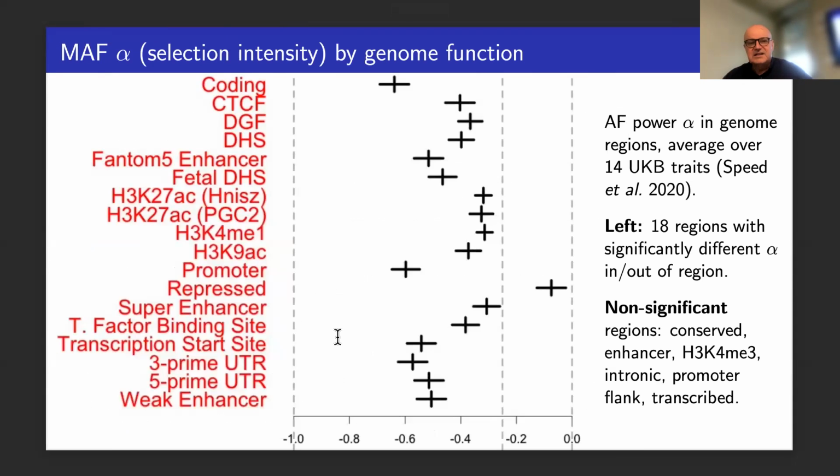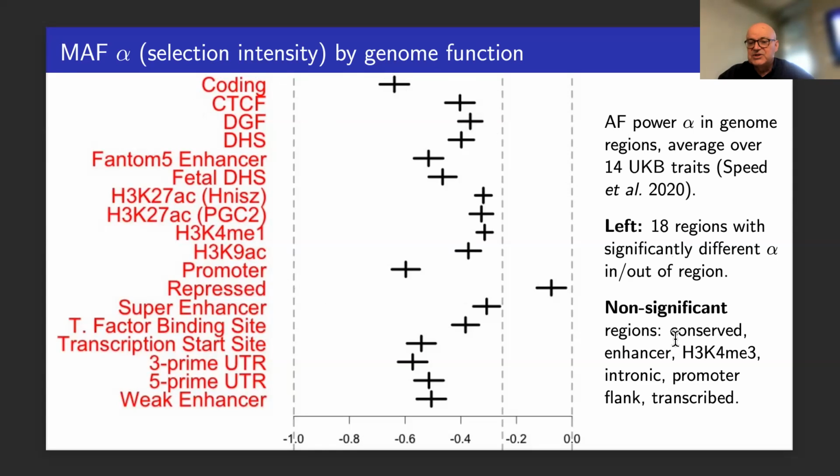And this is looking at the MAF parameter alpha that I talked about before, but now specifically for each of these regions. And it turns out, consistent with the idea that most of these functional regions are important, if you think of this as a selection parameter, the selection effect is stronger inside these regions than outside for every one of these except repressed, where it's the other way around.